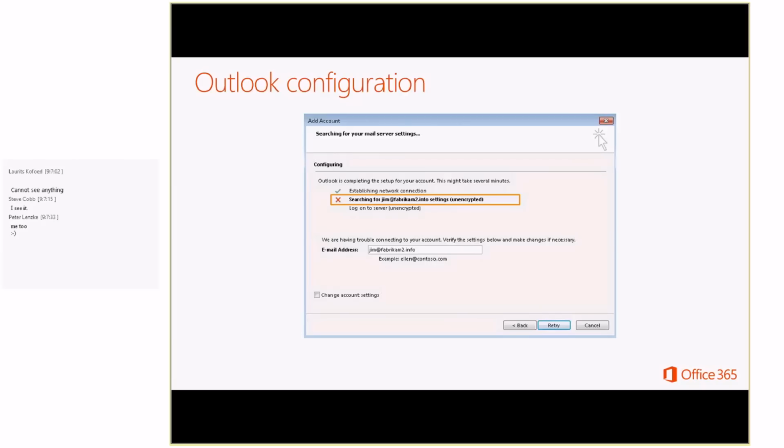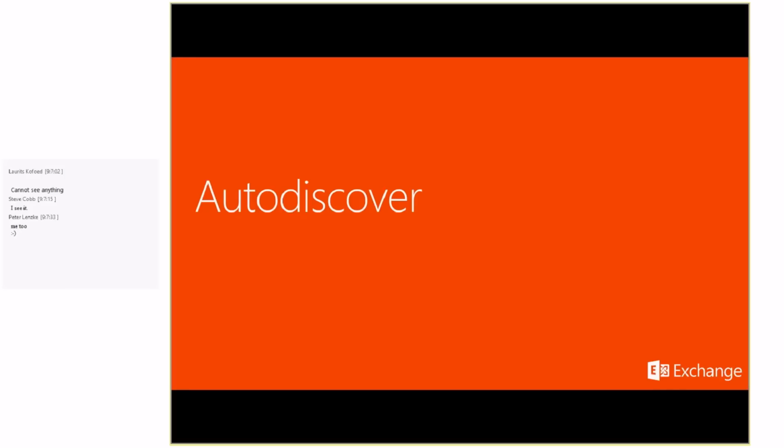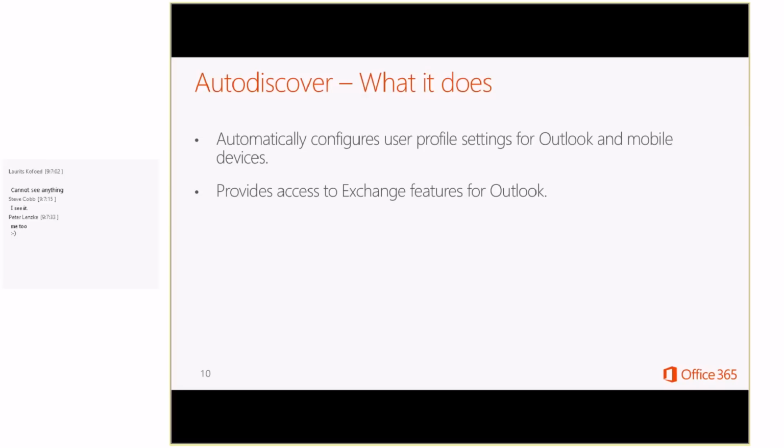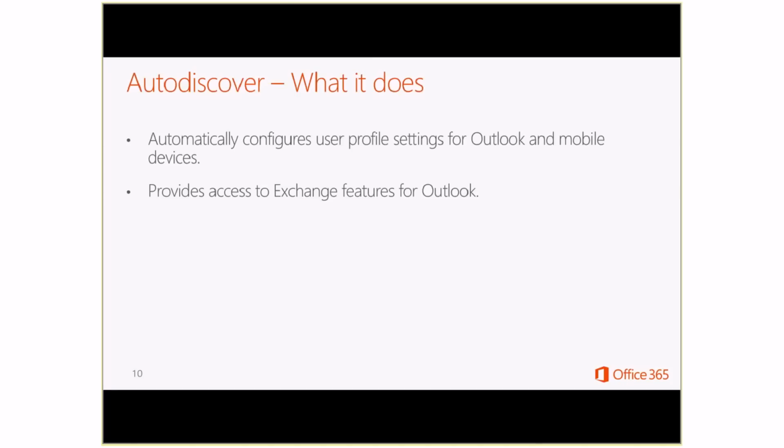It's important to know that this second step utilizes Autodiscover. So we're going to talk about what Autodiscover does. It automatically configures the user profile settings for Outlook for Windows, Outlook for Mac, and even ActiveSync devices.